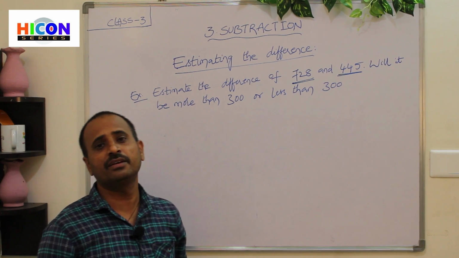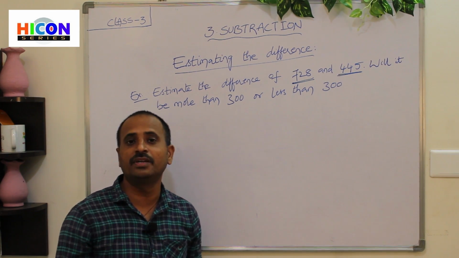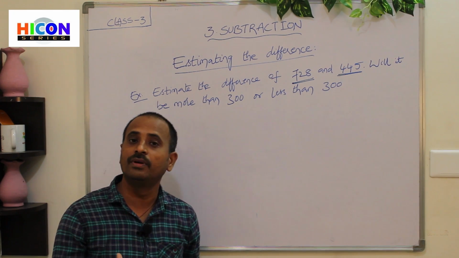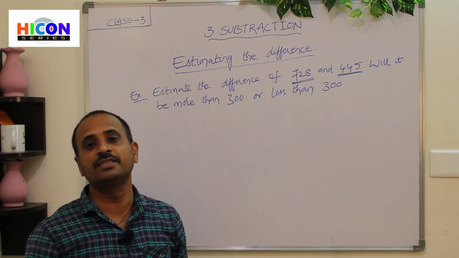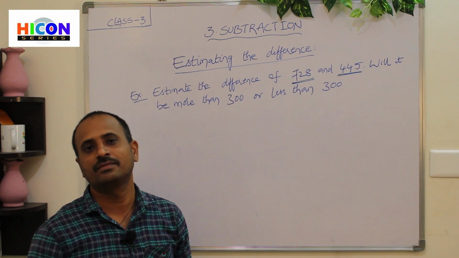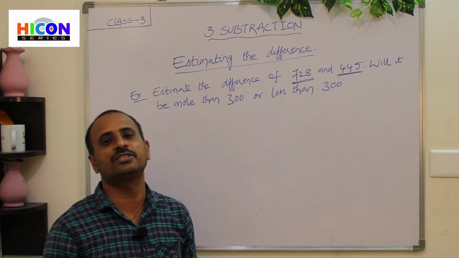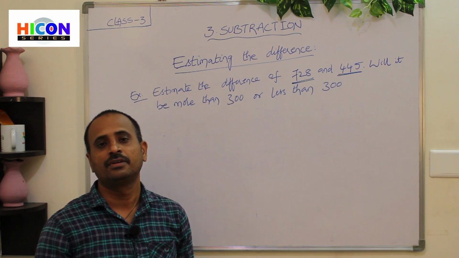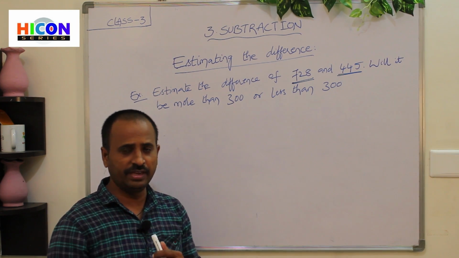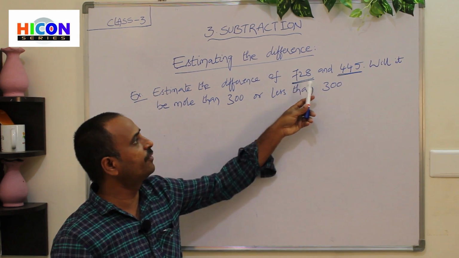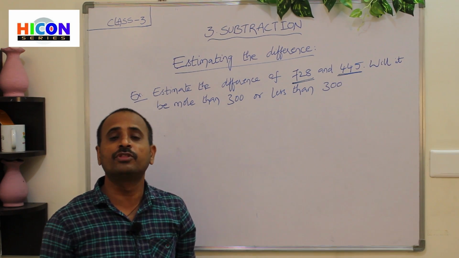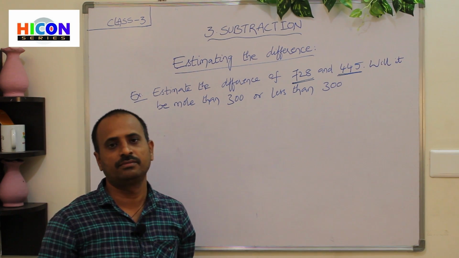How can we estimate? In the previous chapter, that is in the first chapter, we have learned some concept, that is rounding off the numbers. So we can round off the numbers to the nearest tens or nearest hundreds. In the same way, we can estimate the difference between two numbers without doing subtraction.